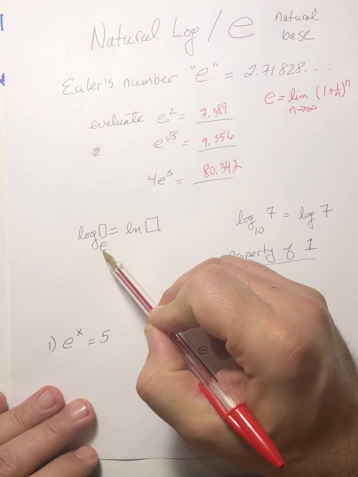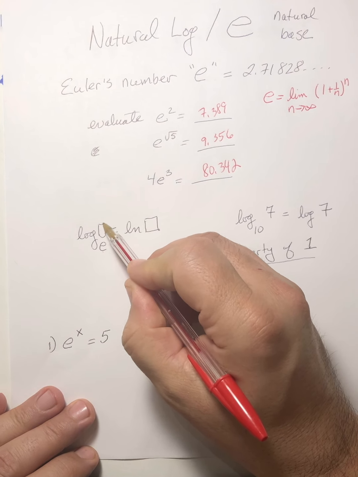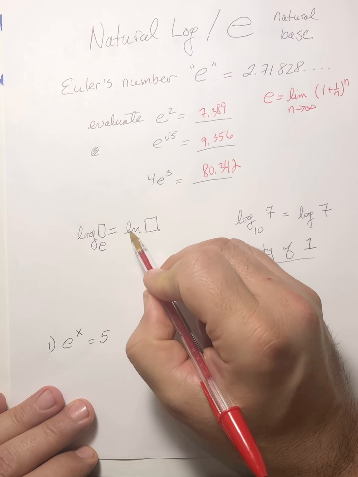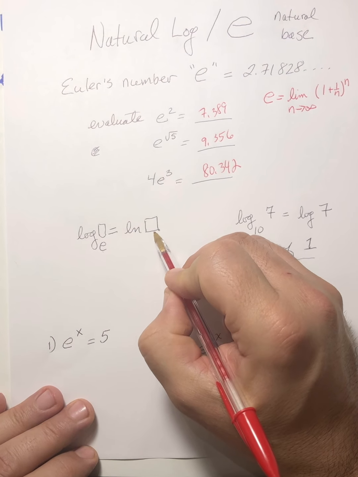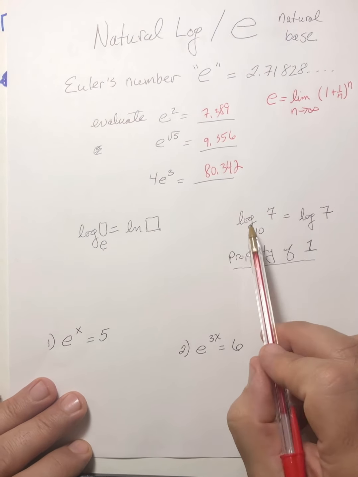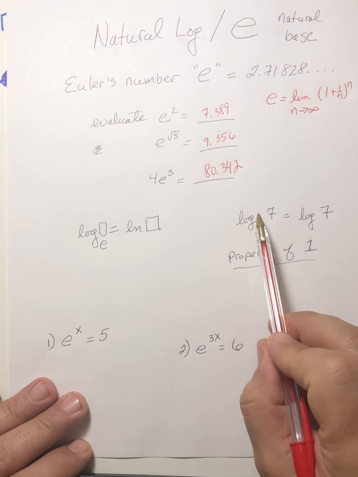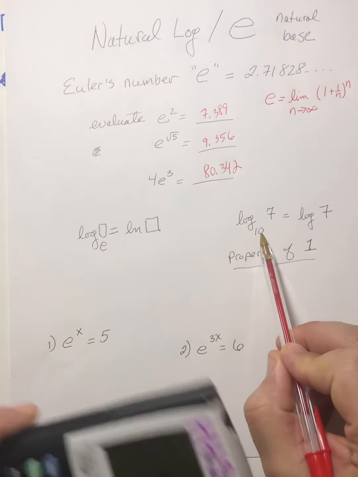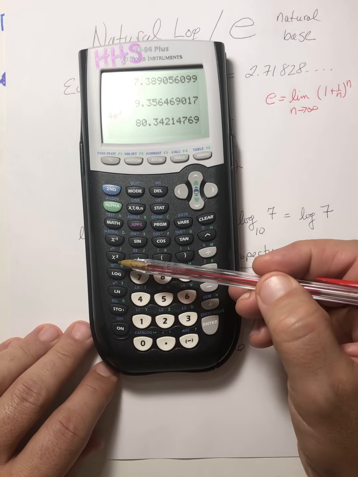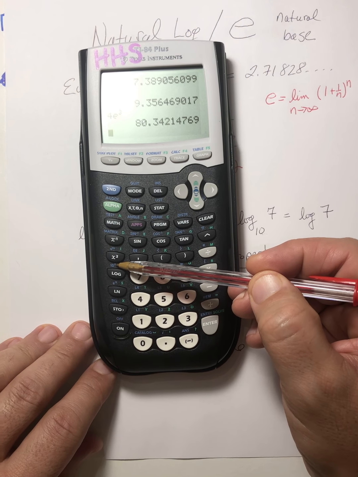Now, log base e, remember this is the base of some number, can be rewritten like this, ln of whatever number we're talking about. We don't need to see this base e. It's just like when we do log base 10. I don't need to see the base 10. Your calculator just says log. That is base 10. Look at what's right above it. That's 10 to the power of x.